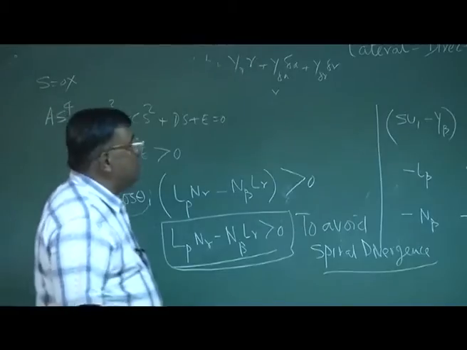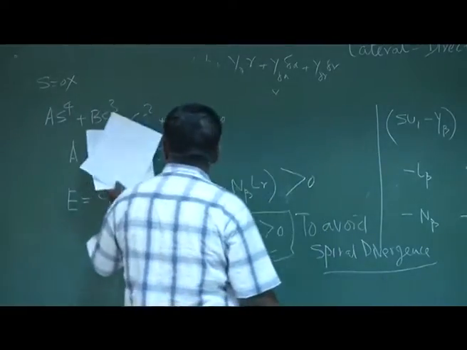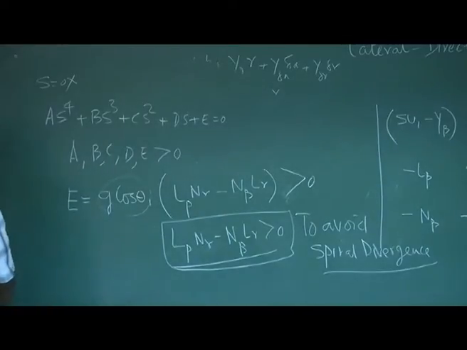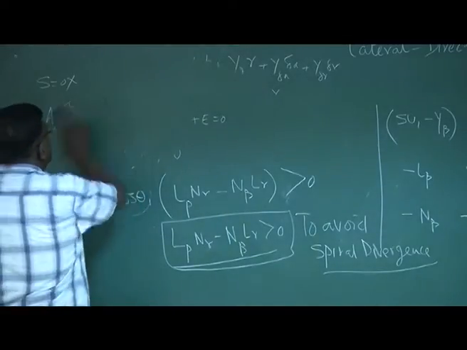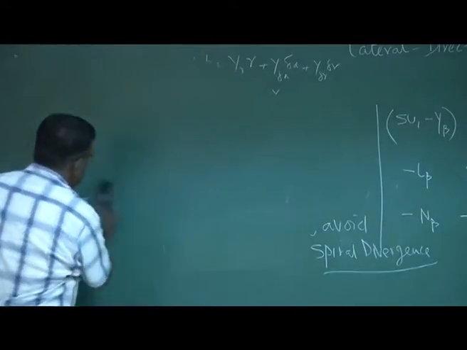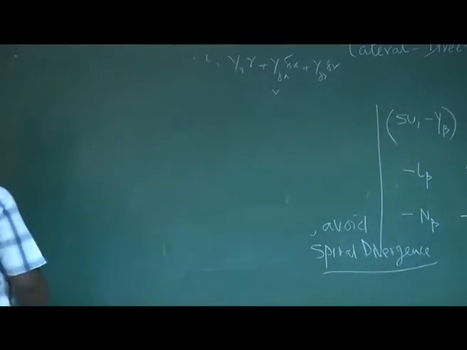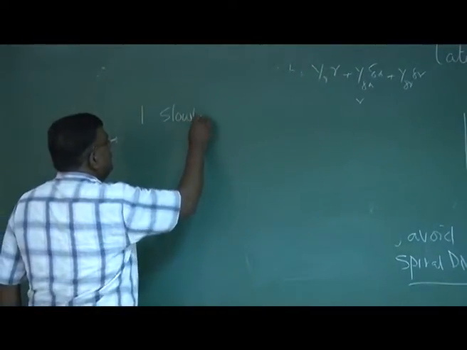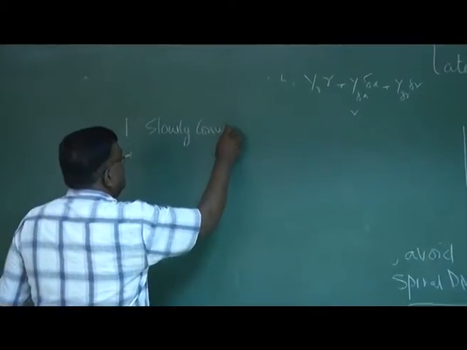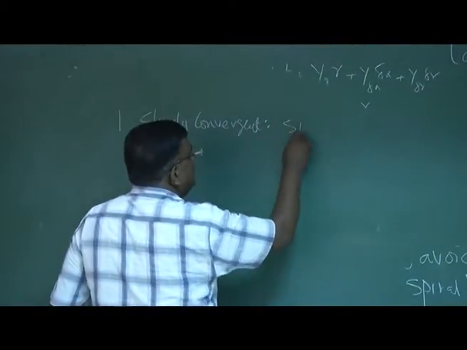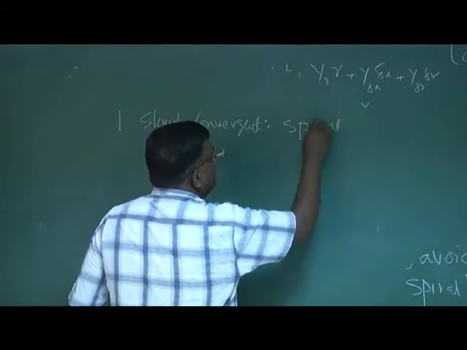Now, if we try to solve this equation in the lateral directional mode, you will find typically for most airplanes there are three types of distinct roots. One is slowly convergent, which is what we call the spiral mode, which I explained to you.